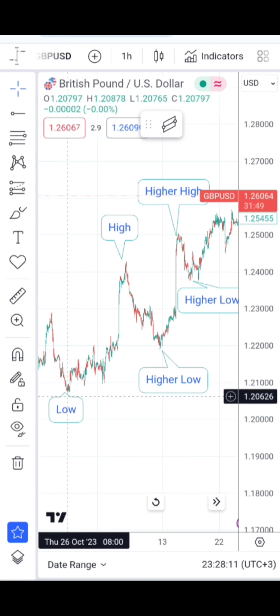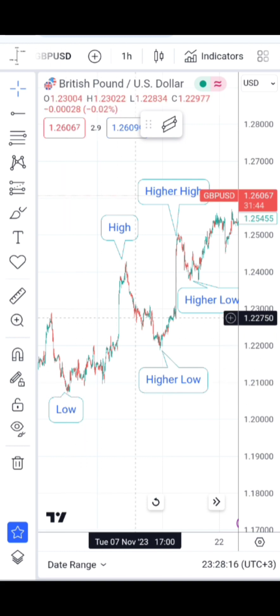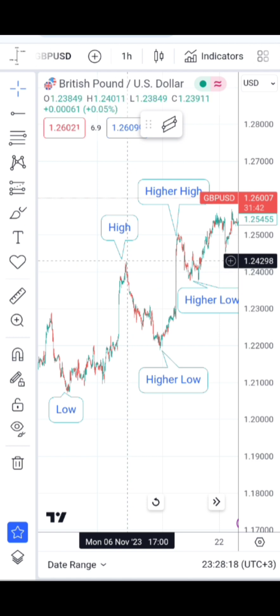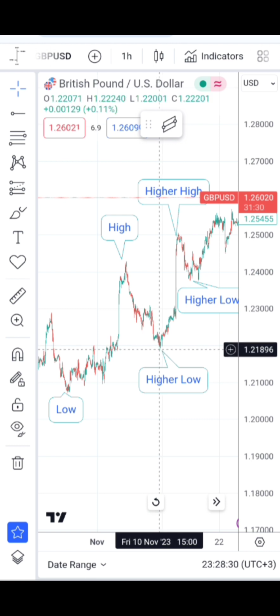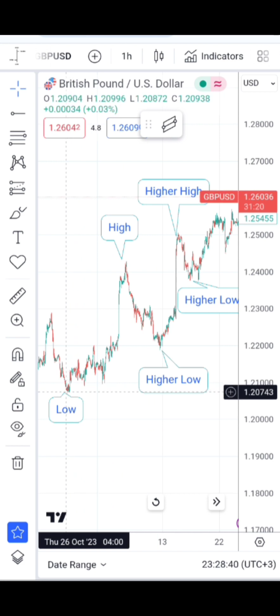the 1.2626 area, that low led to the high at 1.24287. So from the 1.24287 high, the market created a low at 1.21896, but that low was higher than the previous low, which was the 1.20754 area.